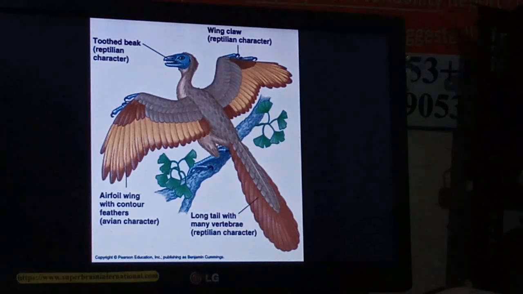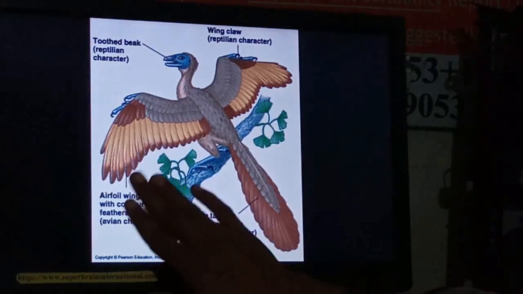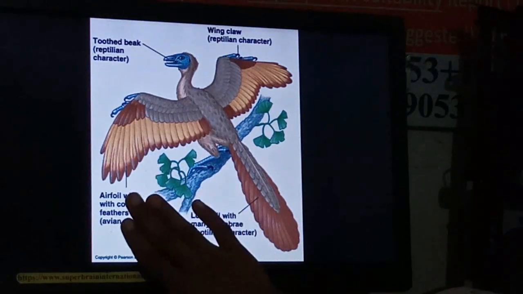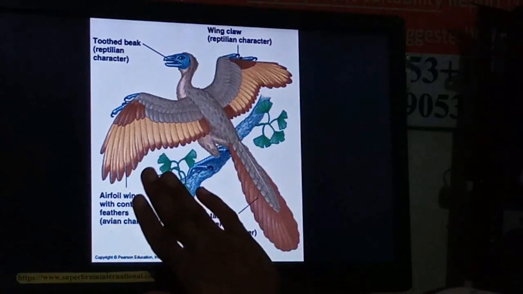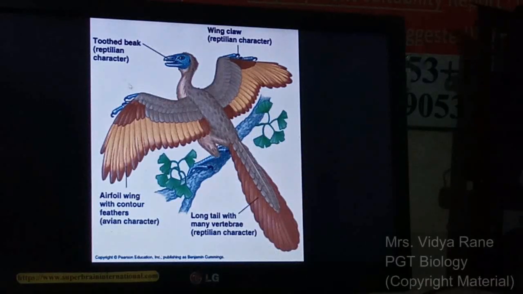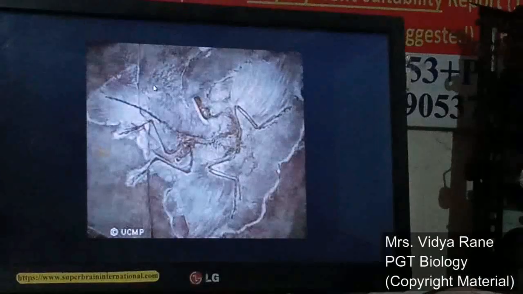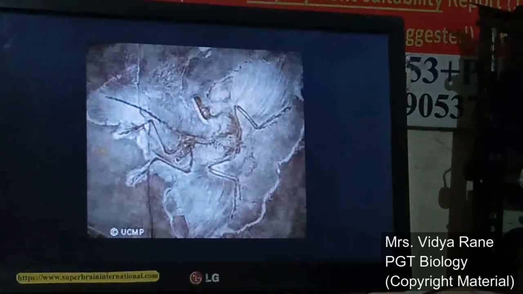In this way there are many examples which give us proof that one organism evolved into another. So this is one of the paleontological evidences which proves that one species evolved from an earlier ancestor species, right? I already showed you the fossil of Archaeopteryx.